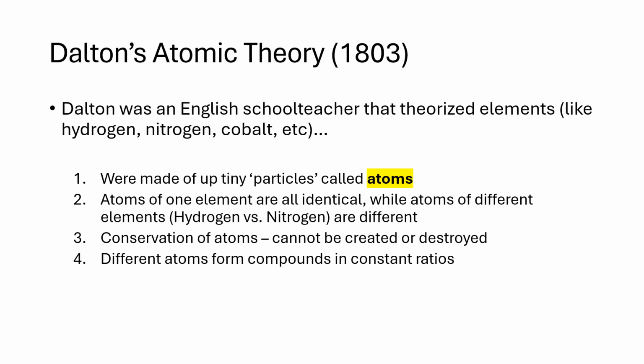Additionally, atoms of one element are identical, while atoms of different elements are different. So if you have 2 hydrogen atoms next to each other, they're going to be exactly the same structure. But if you put hydrogen and nitrogen next to each other, they don't look the same. They do not have the same structure at all. That's all we mean, right? Third, there's a conservation of atoms.